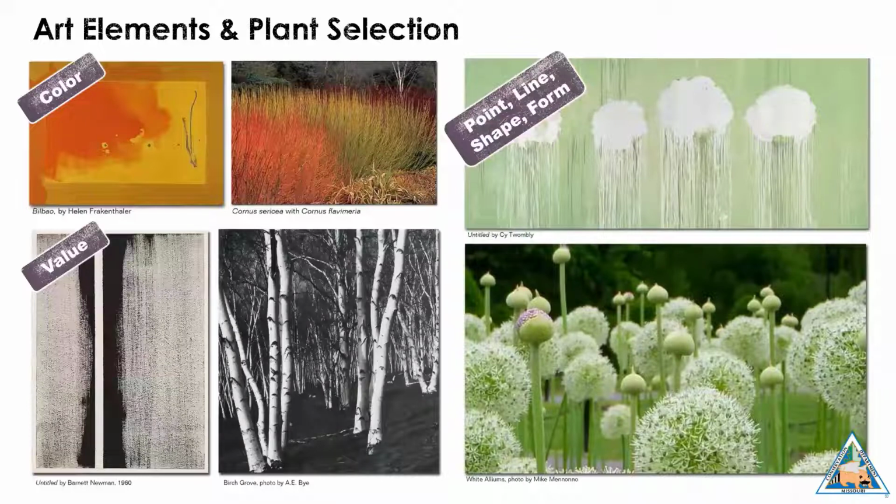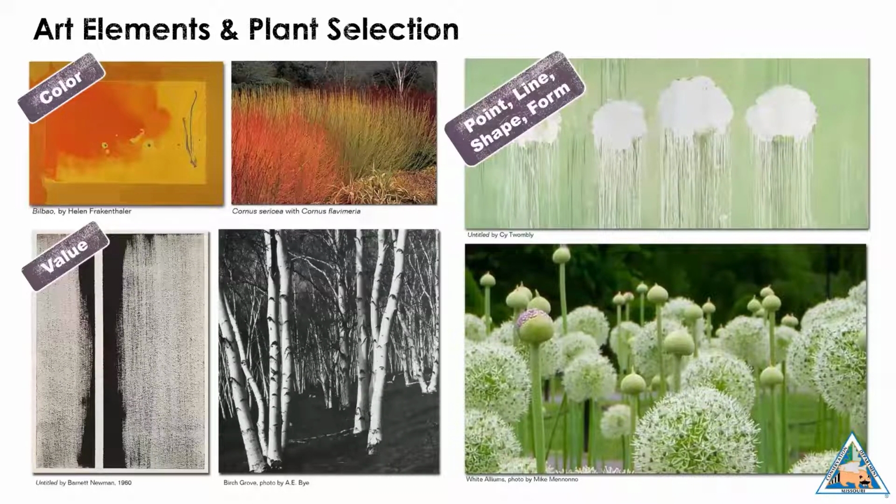Now we can move over to the right side of the slide and look at how shapes can be exhibited in the painting at the top. We've got the points shown by those large white points. We can see lines. Looks like the paint kind of dripped down the canvas to form lines. When we think of those shapes, we're thinking in terms of 2 dimensions.